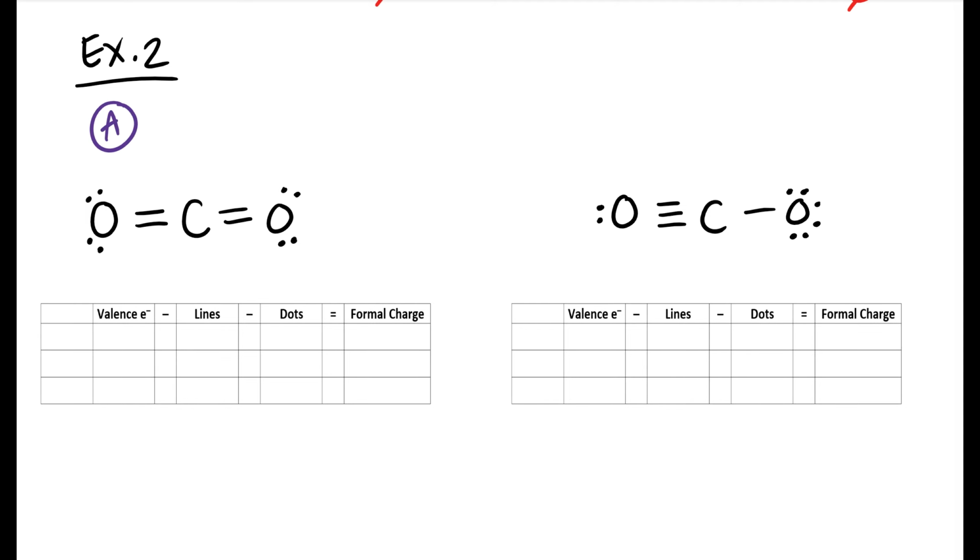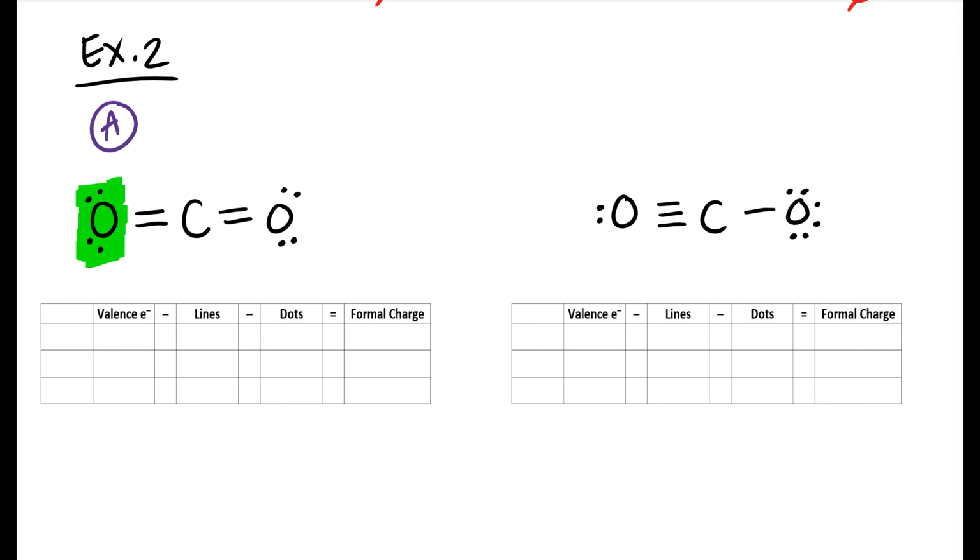Okay, in structure A, we're going to go through the same process. We're going to assign formal charges to every single atom in our Lewis structure. For the purposes of this example, I'm going to highlight the oxygen on the left just so we can keep track of this oxygen.